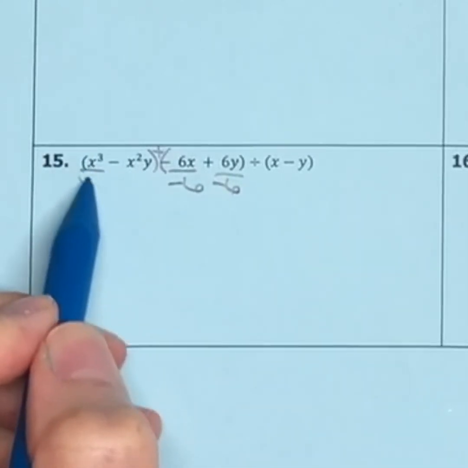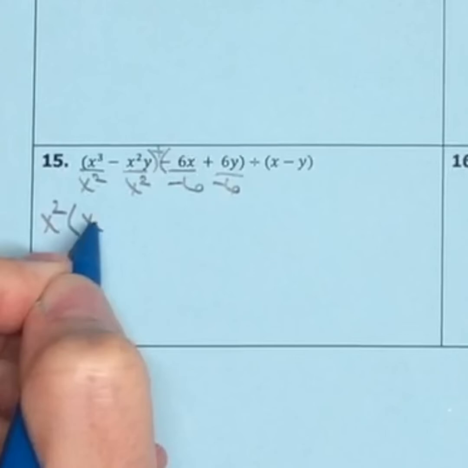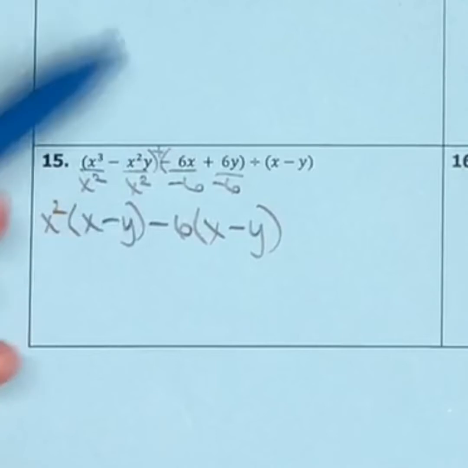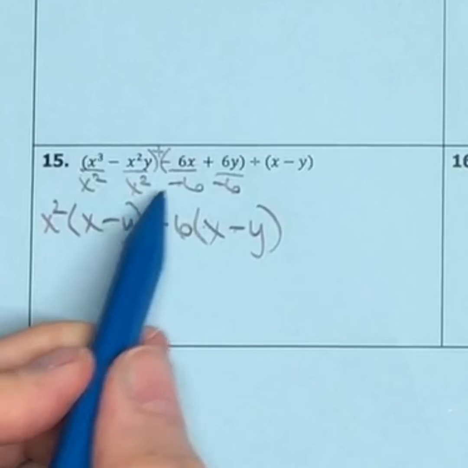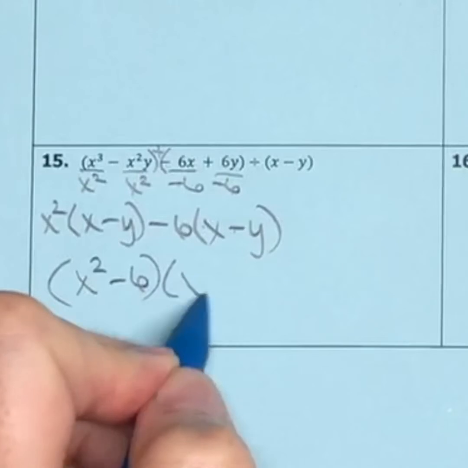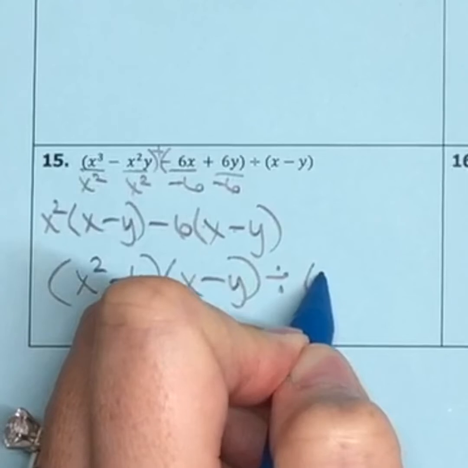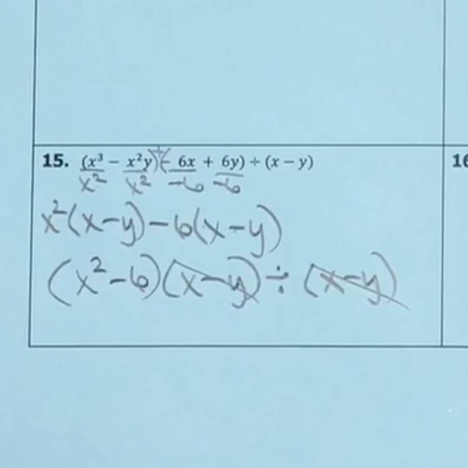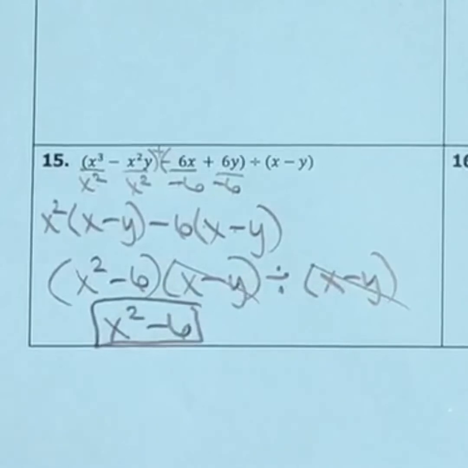The first pair's GCF is x squared, so the next step is x squared times x minus y minus 6 times x minus y. So that polynomial factors into x squared minus 6 times x minus y. You could keep it as divided by the quantity x minus y, and just know that these two will divide out if you don't want to write it as a fraction. The final answer is just x squared minus 6, and you're done.